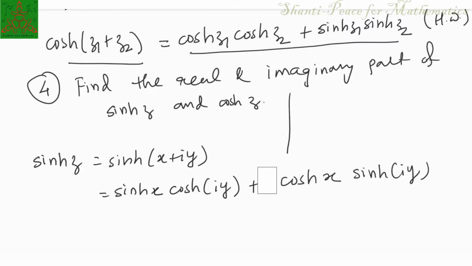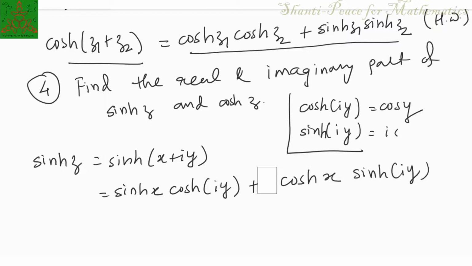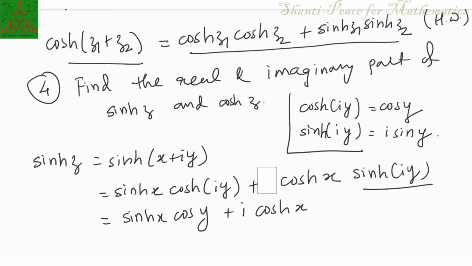Now what we have discussed above is that cos hyperbolic of iy will be cos y and sine hyperbolic of iy will be i sine y. So that gives me sine hyperbolic of x cos y plus i cos hyperbolic of x as it is, and sine hyperbolic of iy as above is i sine y.